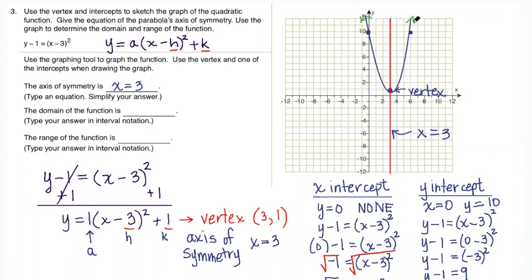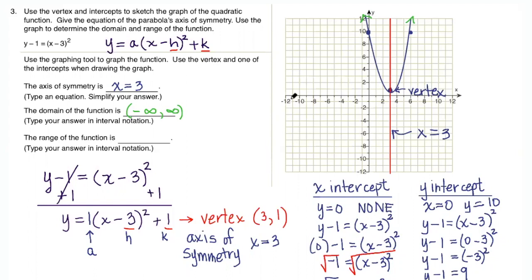Since this parabola does keep going off the edge of this graph, I can't state the lowest x value or the highest. So therefore, my answer will be the interval -infinity to +infinity. Always use round brackets with infinities.